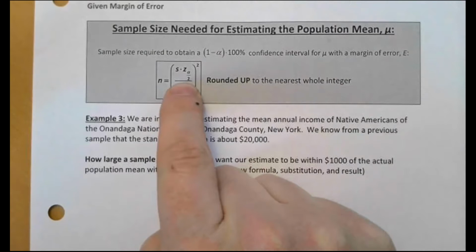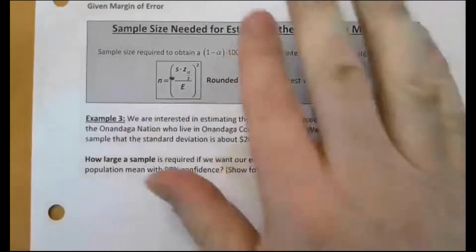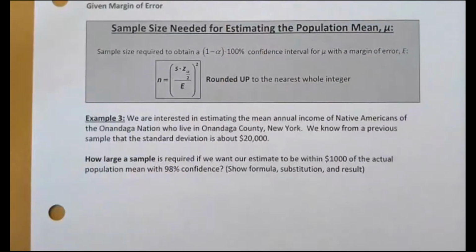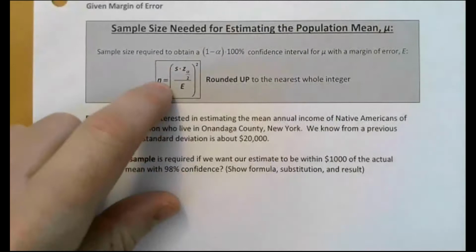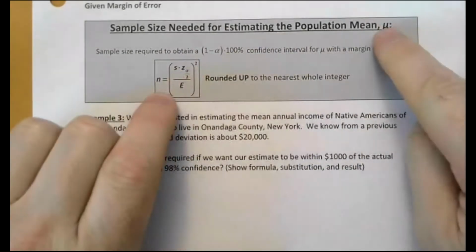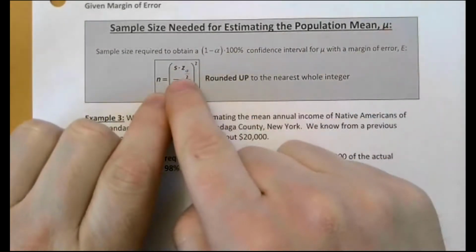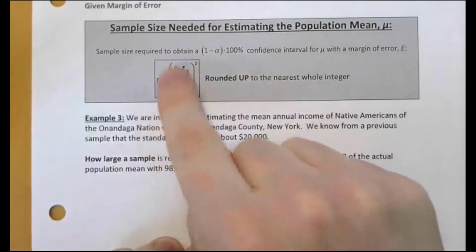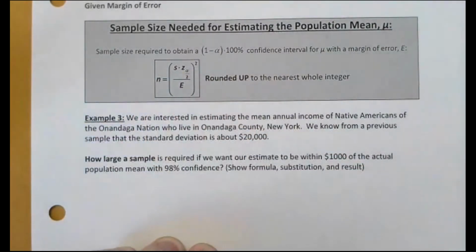One of the reasons is that to do a T critical value, we had to know the sample size in order to get the degrees of freedom. So here we're just trying to calculate the sample size, so we can't use a T critical value to do that. So that's something you might want to note on a reference sheet, a note to yourself, that when you calculate the sample size for a mean, you still use the critical Z value.